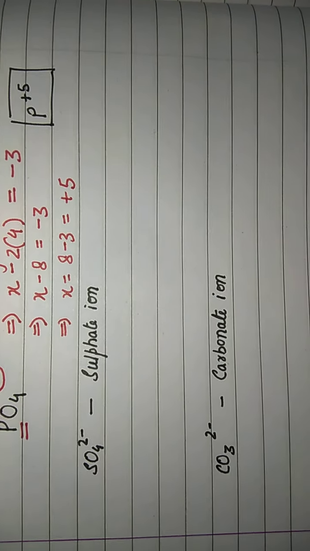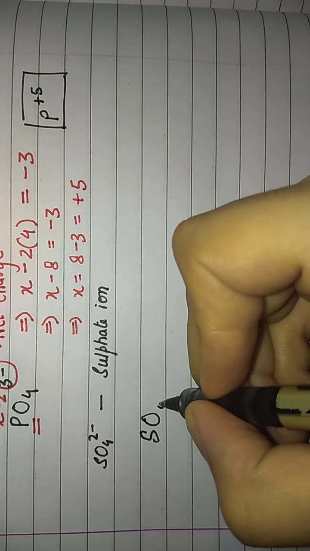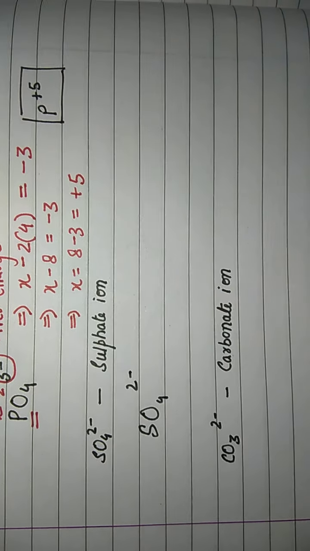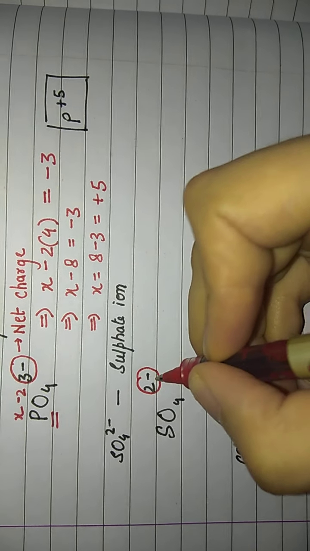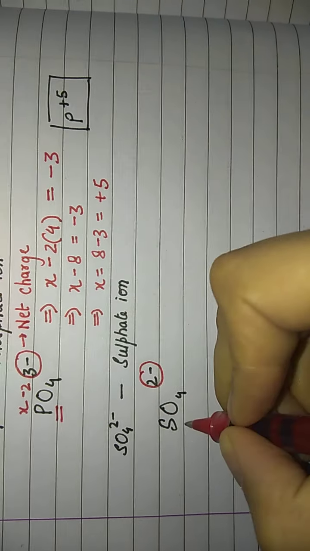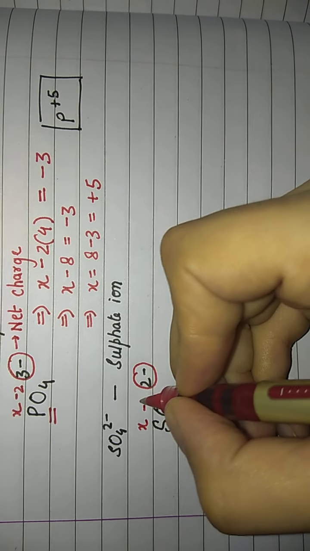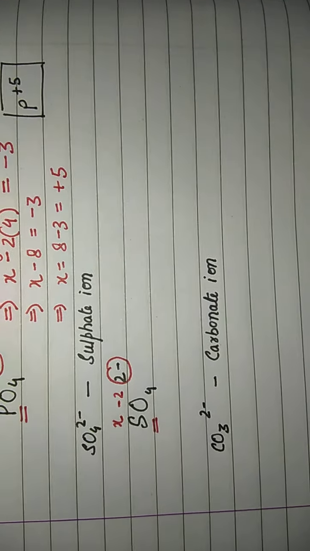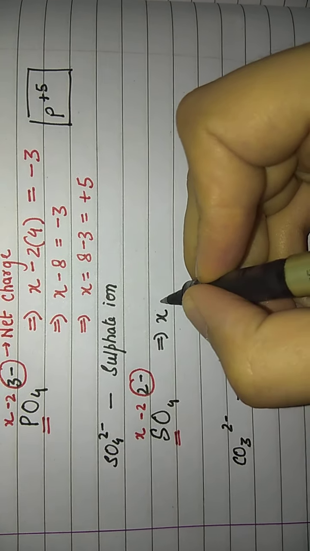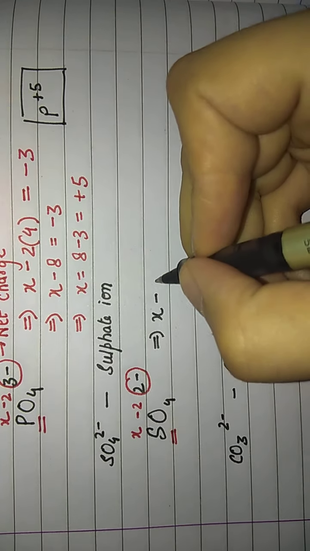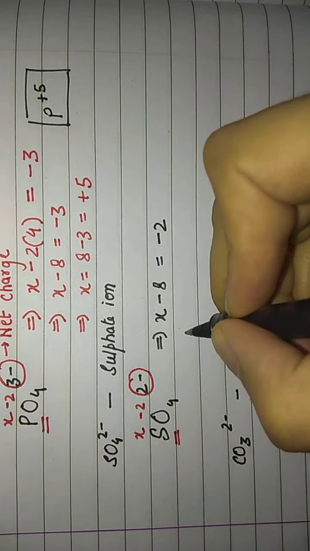Similarly for sulfate ion, SO4 2 minus. Now the net charge over the sulfate ion is -2. This is your total charge, the net charge. If I want to calculate the oxidation state of sulfur, I let this be X, and over oxygen I have -2. So my equation will be X minus 2 into 4, which is -8, is equal to net charge -2.